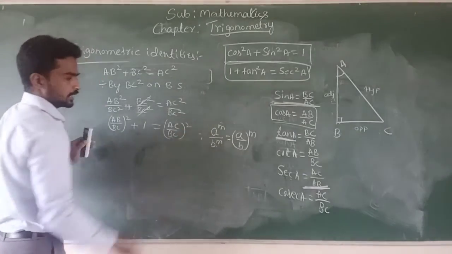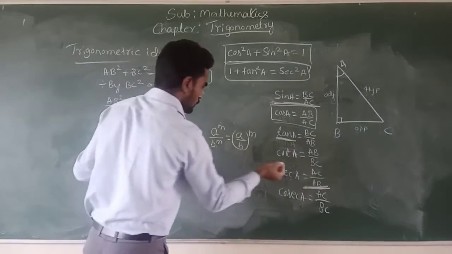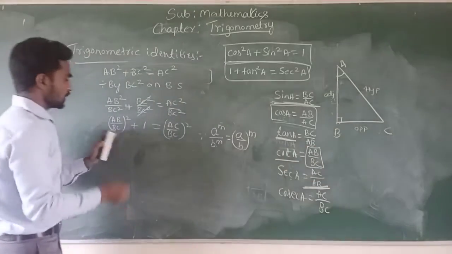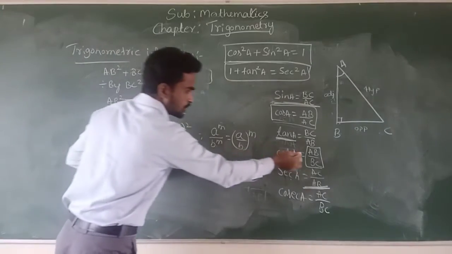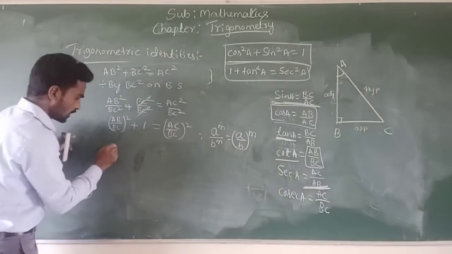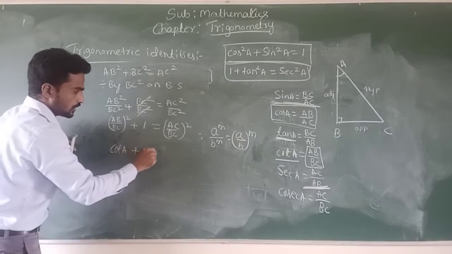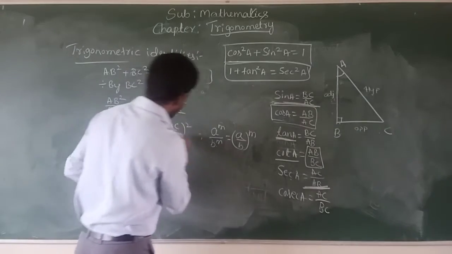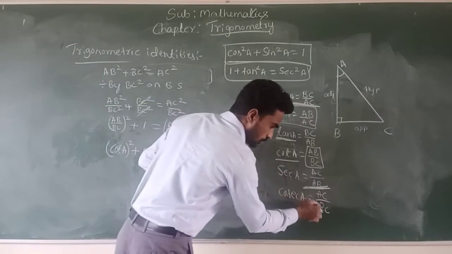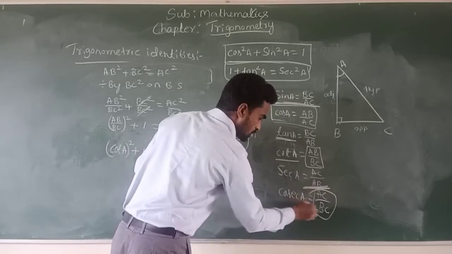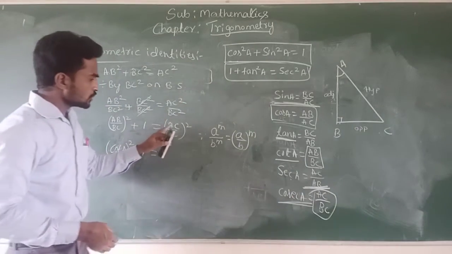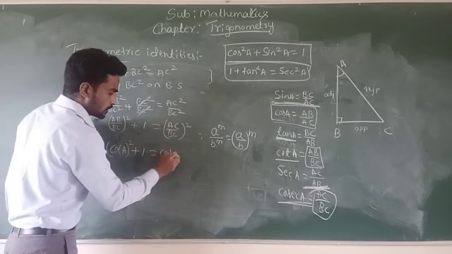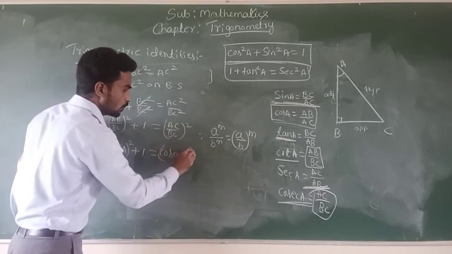This is the identity. Now observe these trigonometric ratios. AB divided by BC can be written as cot A. Instead of AB divided by BC we can write cot A, so we get cot A whole square plus 1 is equal to, here AC divided by BC is there. For trigonometric ratios, AC divided by BC is equal to cosecant A. Then instead of AC divided by BC we can write cosecant A whole square.